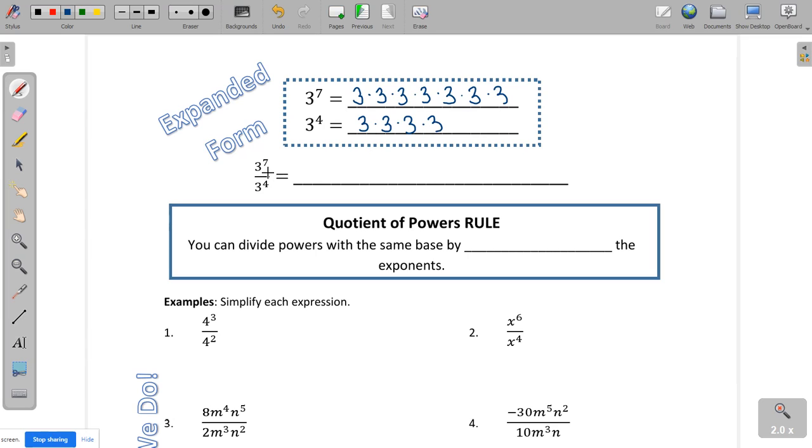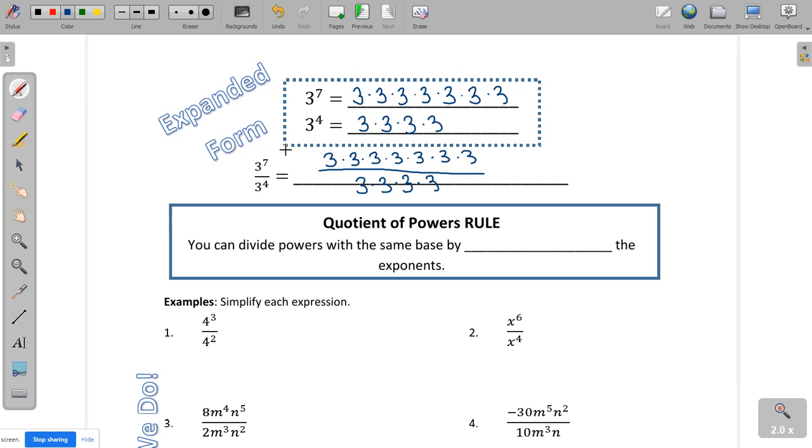Now let's rewrite it for 3 to the 7th divided by 3 to the 4th. We have 7 3's on top, and we have 4 3's in the denominator.